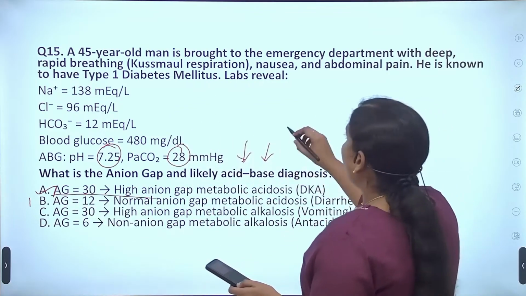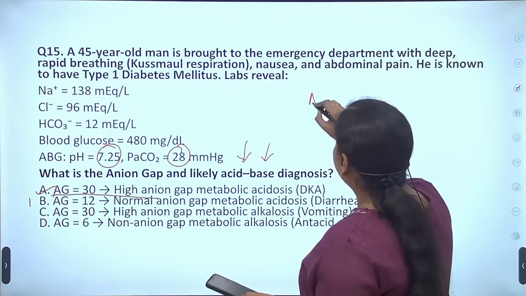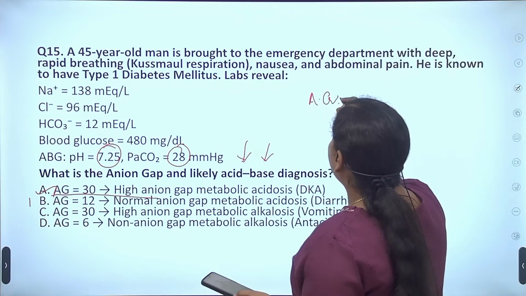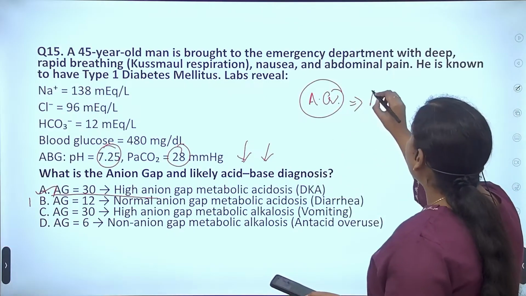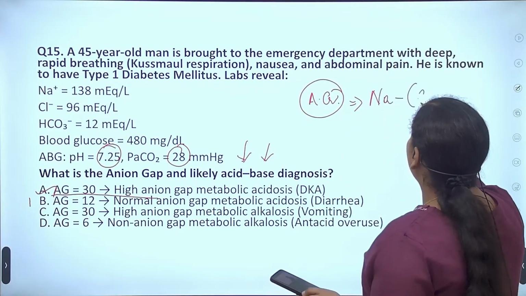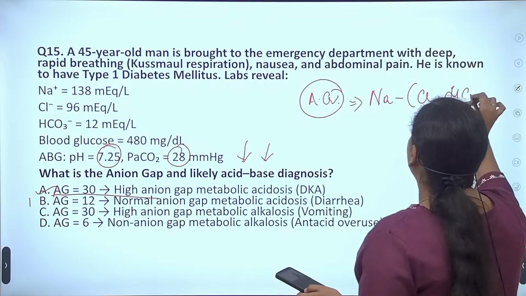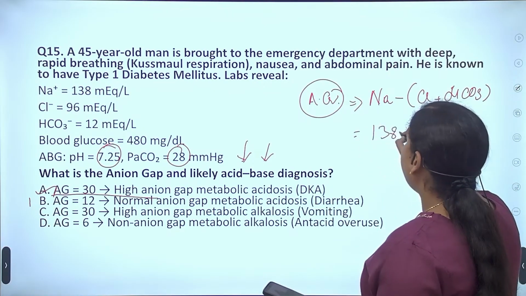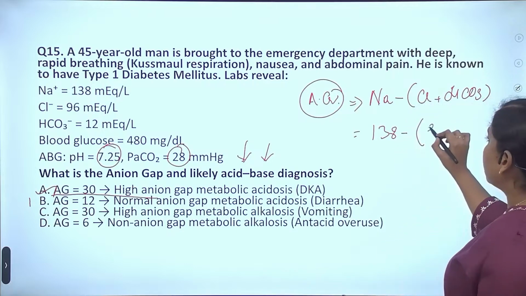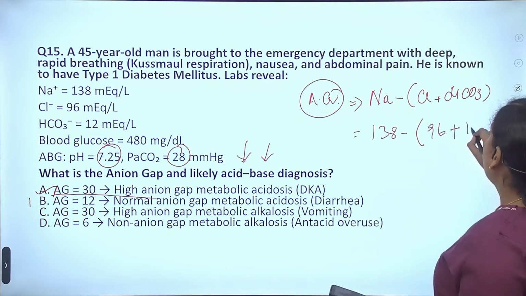So let's work it out with the formula. Your anion gap, which is specifically used in case of metabolic acidosis, the formula is sodium minus your chloride plus HCO3. So other values are not required. What is sodium? It is 138 minus what is chloride? It is 96 plus your HCO3 is 12.